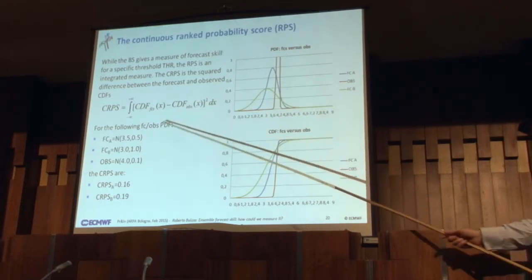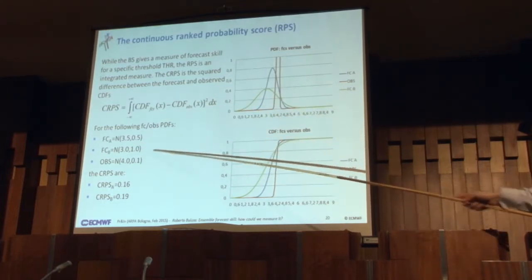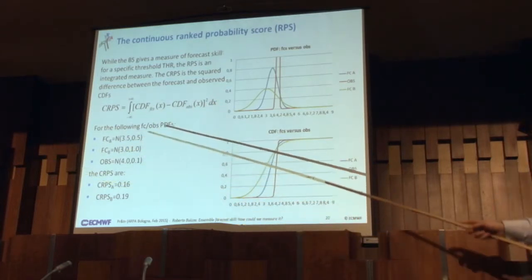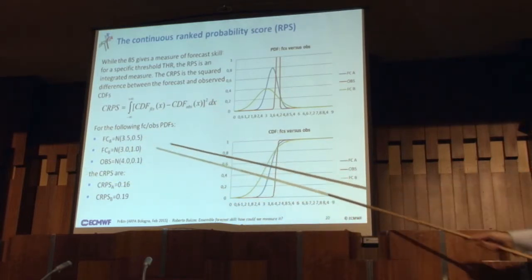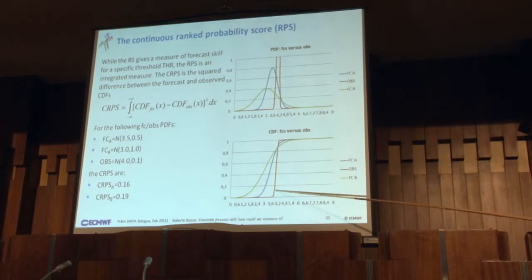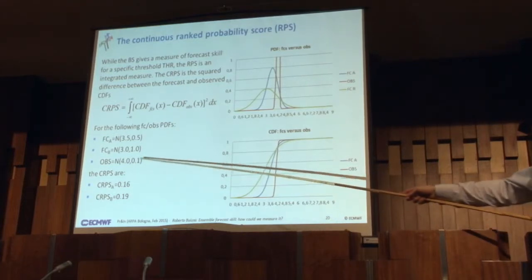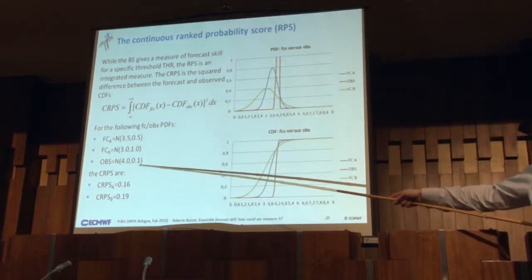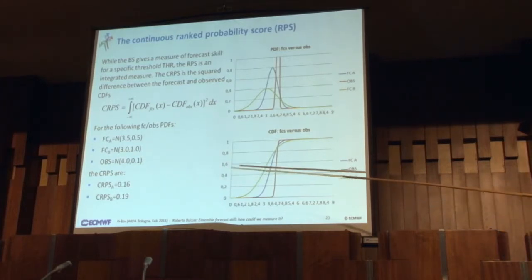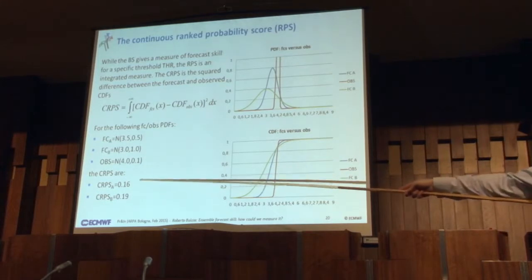This is the definition. In here I simply applied it using Excel code to different distributions. For example, here you have two normals, the forecast B. The observation is another normal which has a much tighter, much smaller error bound around it, and you can compute the continuous rank probability score of the two.